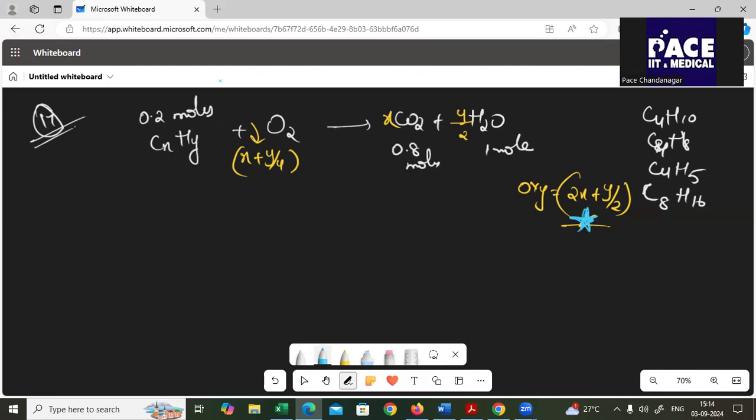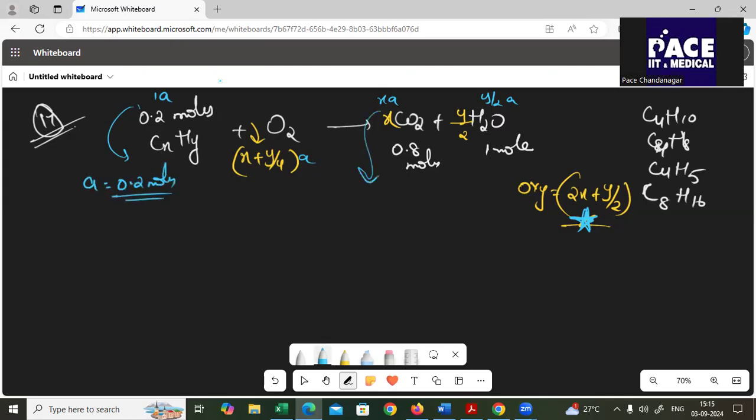So let us put that in the stoichiometry relations. Same thing we will go with. This is the moles given to me, and 1 mole of it is given. I will write this molar ratio as 1a, xa, and y by 2 a. So 1a is equal to 0.2 moles.